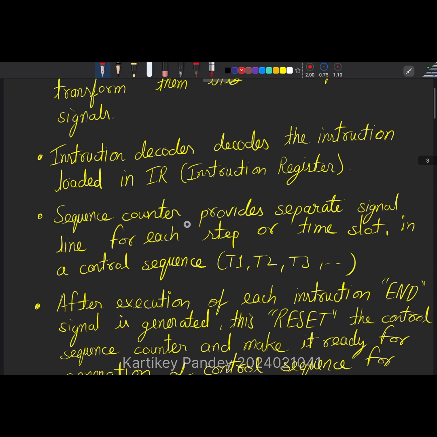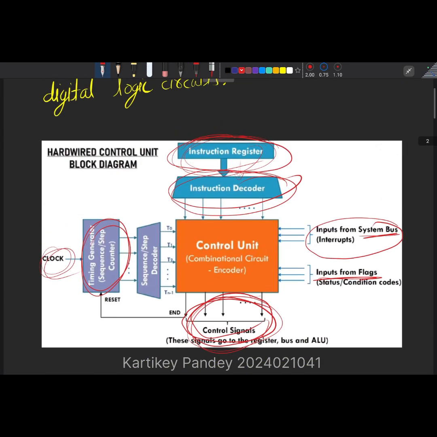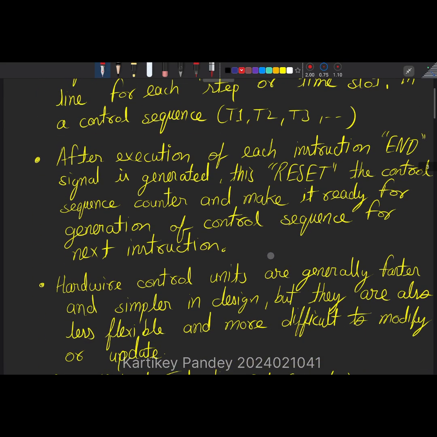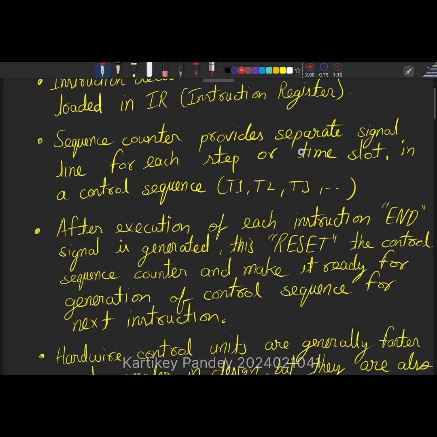Now, the sequence counter provides a separate signal line for each step or time slot in a control sequence. After execution of each instruction, an end signal is generated.